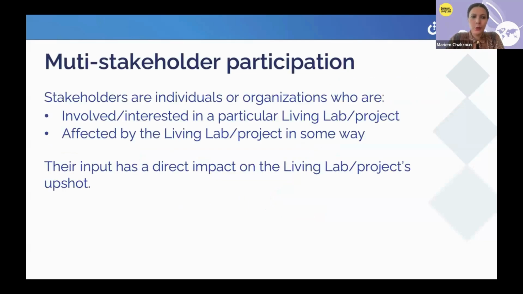As a reminder, when we talk about multi-stakeholder participation, those are individuals but also organizations who are not only involved in the process and interested in living labs or the project, but anyone who can be affected by the output, by the living lab solution and project solution. Their input has a direct impact on the living lab and project outcome.